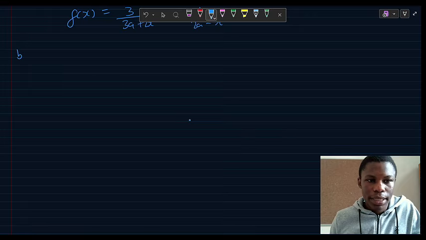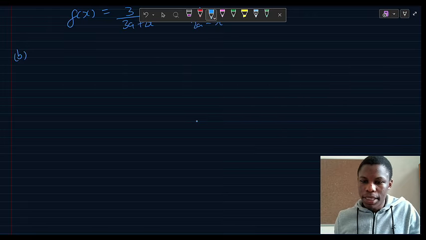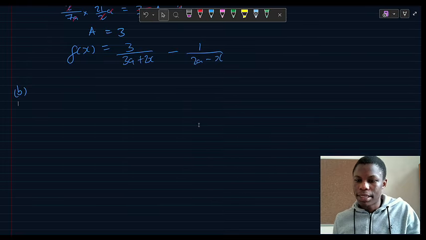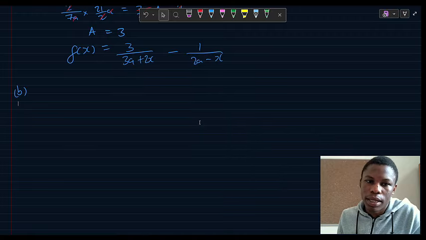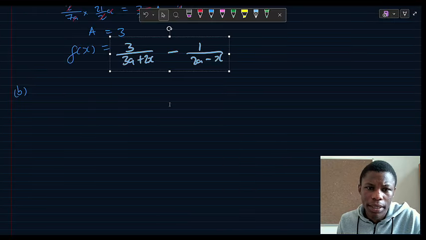Now part B says, hence obtain the expression of f of x in ascending powers of x up to and including the term in x squared. So that means they want us to expand this.